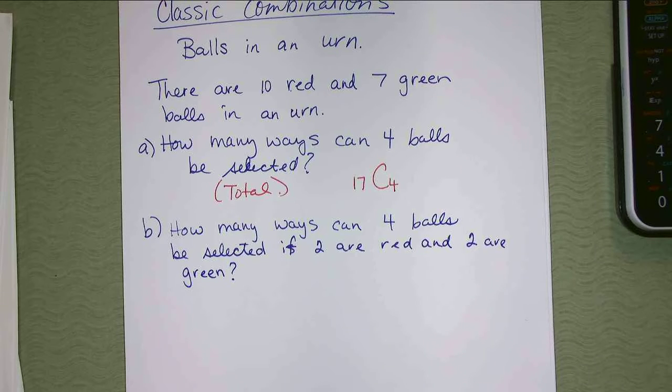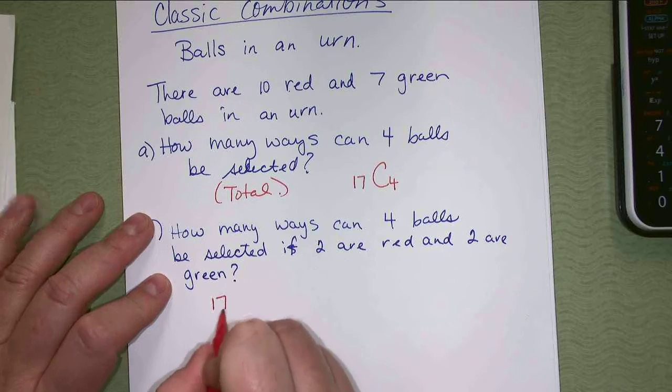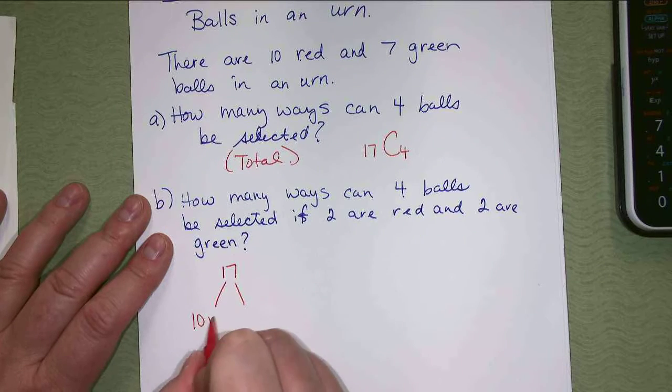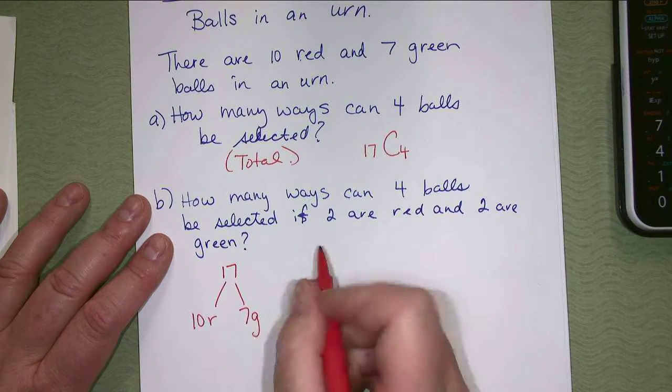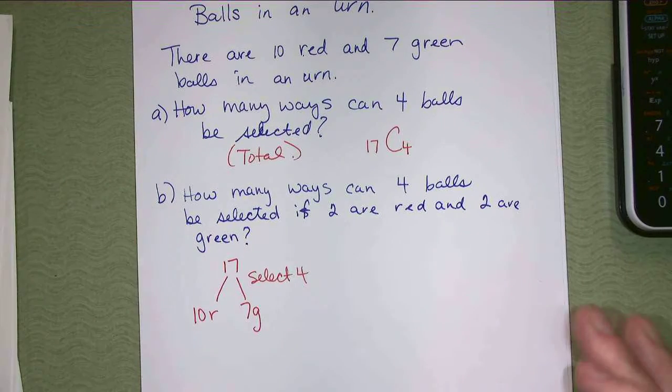So you've got a multiplication in here because you're doing 2 things, but what you're doing, the order doesn't matter. You just want 2 altogether. So we actually say, like, there's 17 altogether, 10 are red, and 7 are green. And we want to select 4. That's what the experiment is, selecting 4, okay?